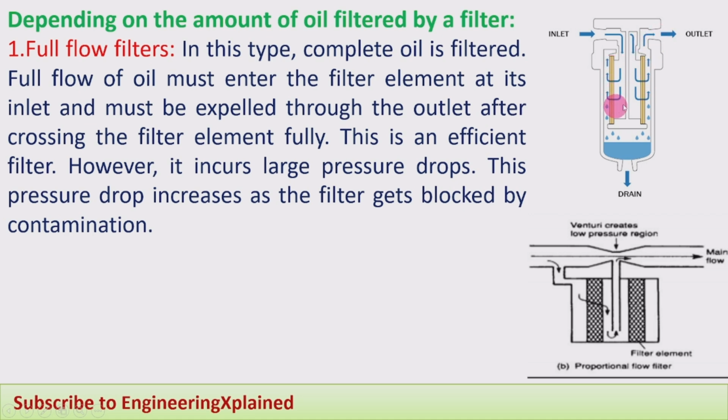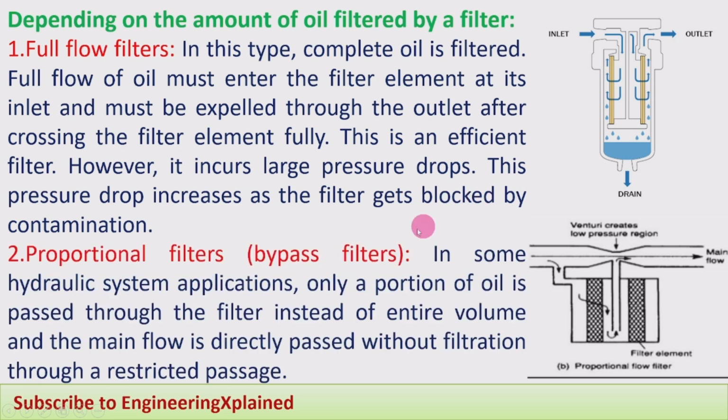This is the filtering material through which the fluid completely passes, and the fluid containing heavier particle contamination falls below. The whole oil flowing through the system is filtered by this type of system, and that's why it's called a full flow filter.